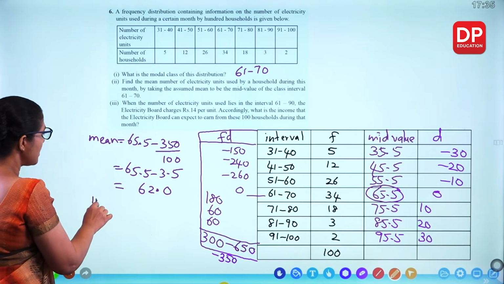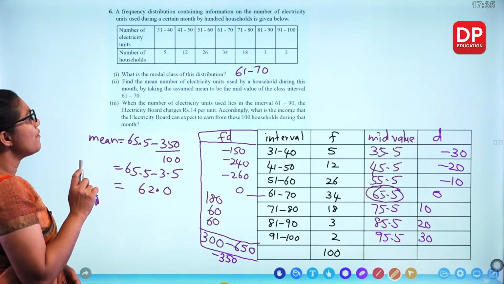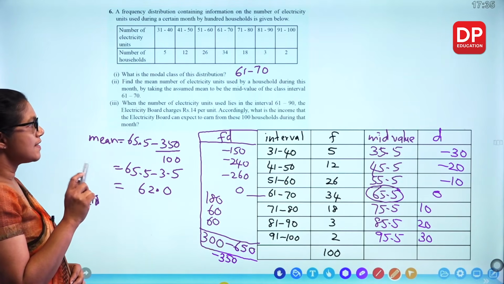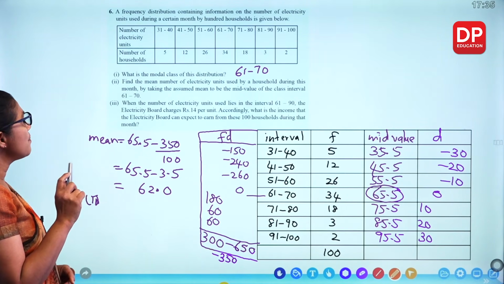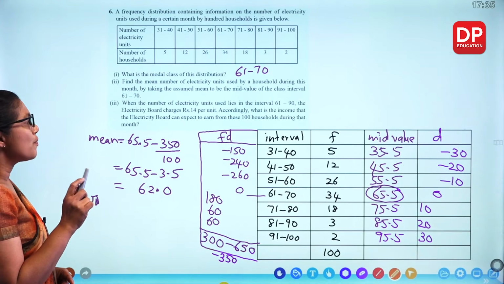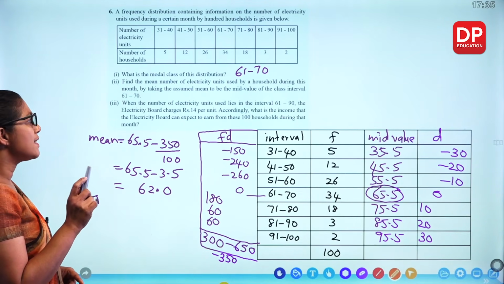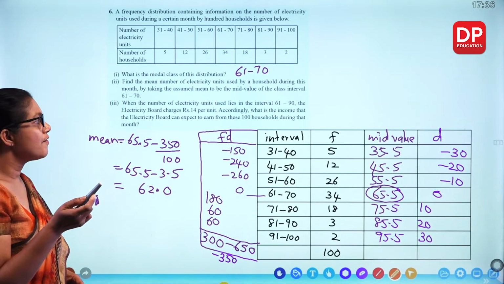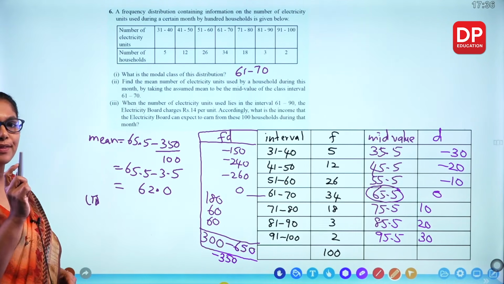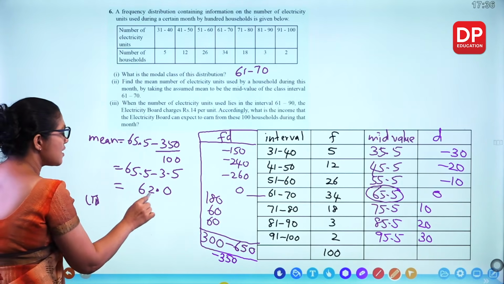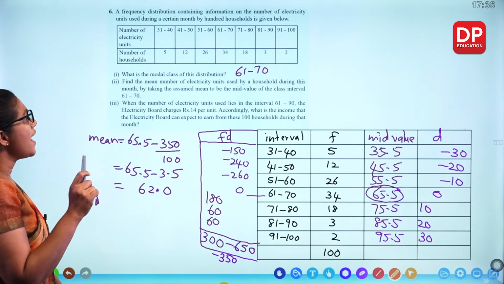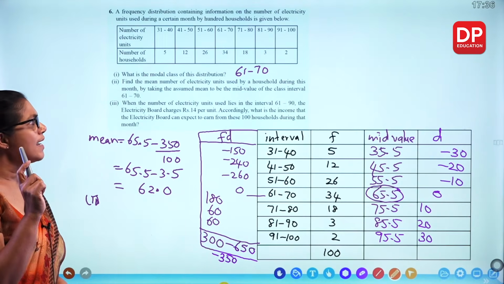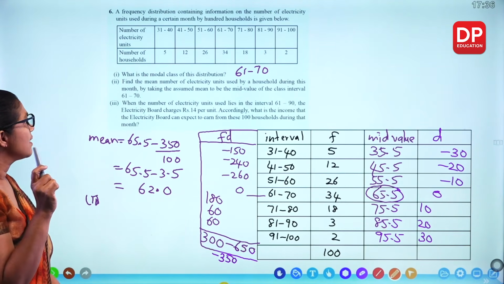Now the third part. When the number of electricity units used lies in the interval 61 to 90, the electricity board charges 14 rupees per unit. Accordingly, what is the income that the electricity board can expect to earn from these 100 households during that month? Now, 62 means the average units consumed by one household.